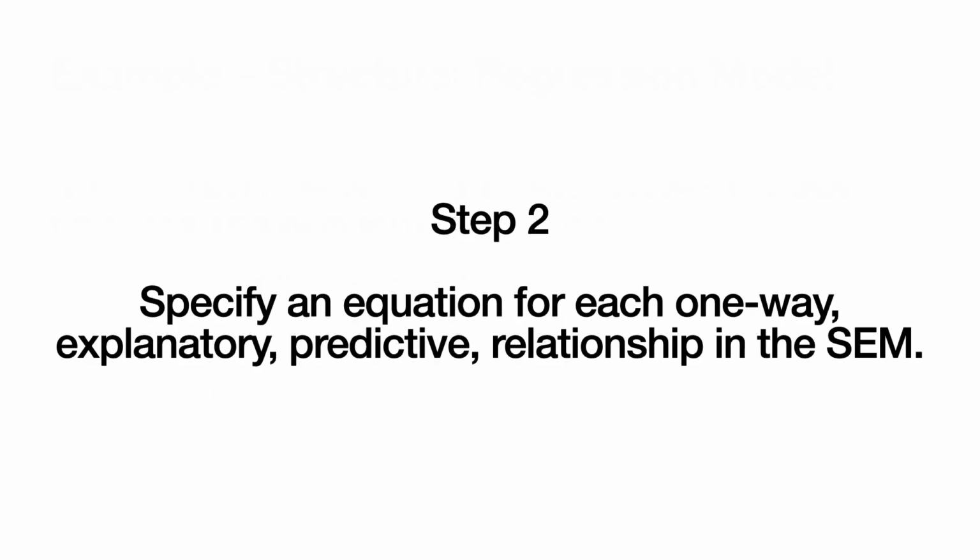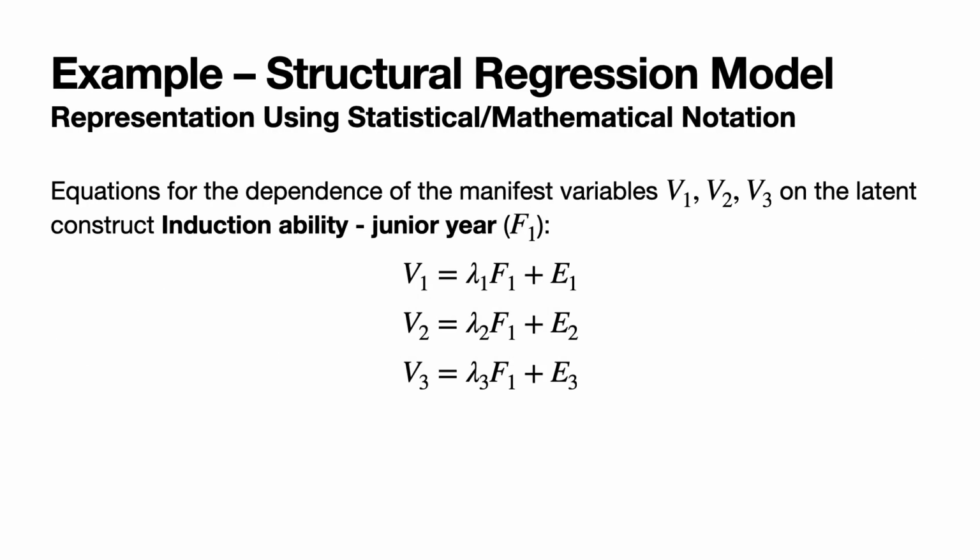In step 2, we specify an equation for each one-way explanatory predictive relationship in the SEM. And these are regression type of equations. So based on the previous information that we've looked at, equations for the dependence of the manifest variables V1, V2, and V3 on the latent construct induction ability during the junior year, or F1, are as follows.